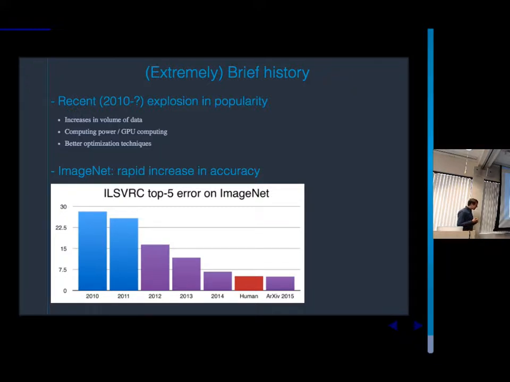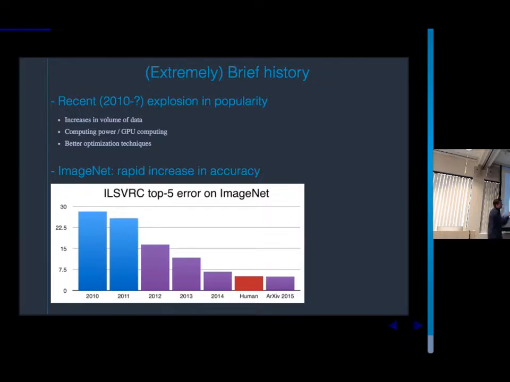So just a little diagram here to show you what I'm talking about. There's this very important data set called ImageNet that consists of millions of images from many, many classes, and it's a very hard classification problem. So this here is an image classification competition that's held annually.